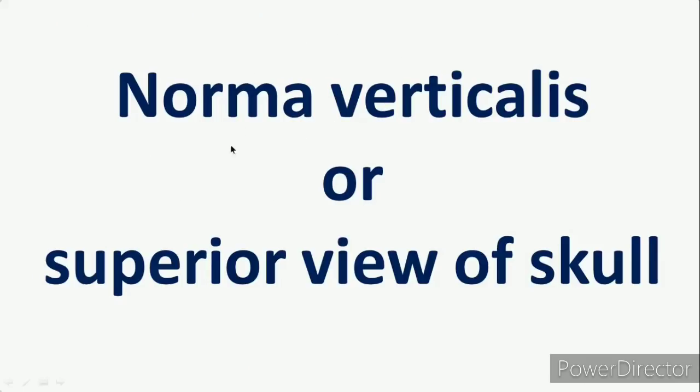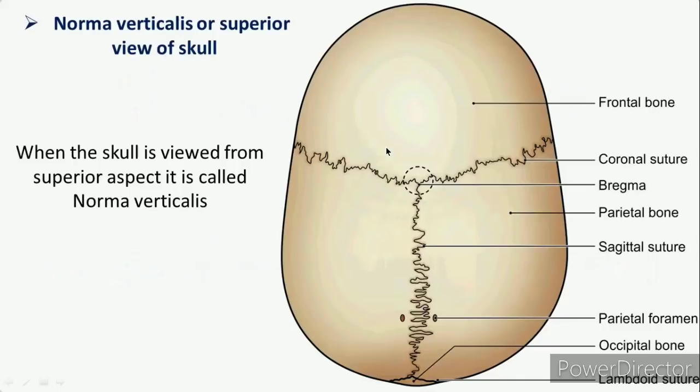Now we will study the exterior of the skull, first the superior view of the skull, or the norma verticalis. When the skull is viewed from the superior aspect, it is called the norma verticalis. You can see this is the frontal bone, this is the coronal suture, this is the anterior aspect, and this is the posterior aspect.